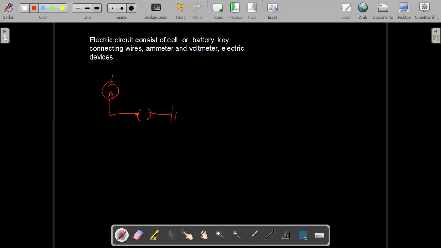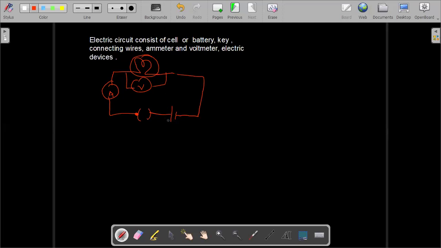Then the ammeter is connected with the electric device, like here we take a bulb. It can be a bulb or any other device. Then you have a voltmeter which is connected in parallel to the circuit. And finally the circuit is complete with the help of the connecting wires.